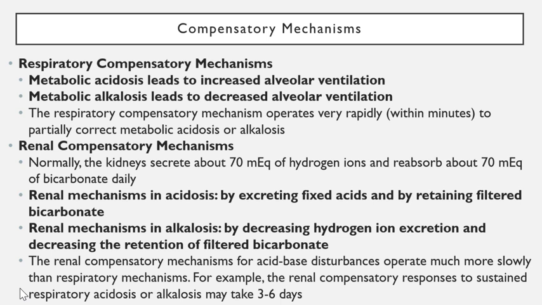The problem is when these compensatory mechanisms can't keep up, just like we've seen all the time. When the compensatory mechanisms can't keep up with severe fluctuations, in this case in pH, that's when your blood starts turning acidic.